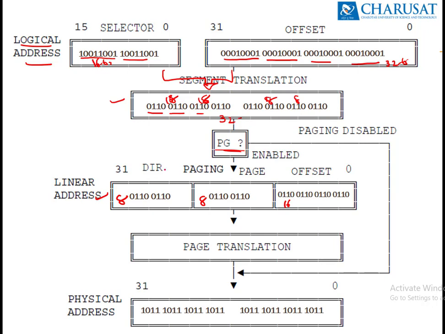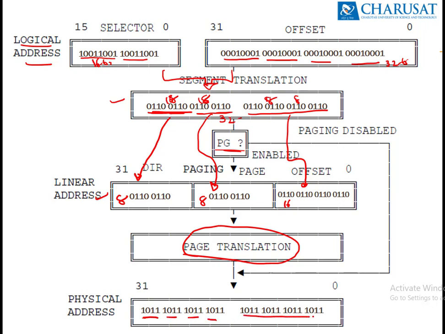So the first 8 bits go here as the directory, the next 8-bit pattern goes over here as the page, and the next 16 bits go over here as the offset. Then the page translation step-by-step procedure is performed, and then we will get the physical address. The binary pattern is different: 1011, 1011. This is 16 bits, this is 16 bits, total 32 bits.